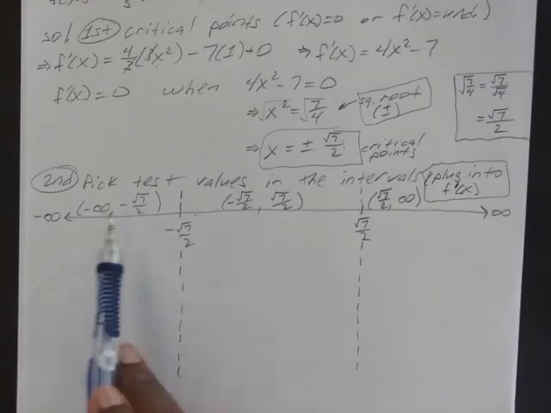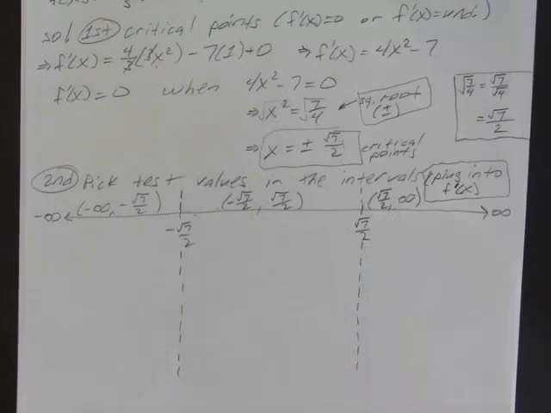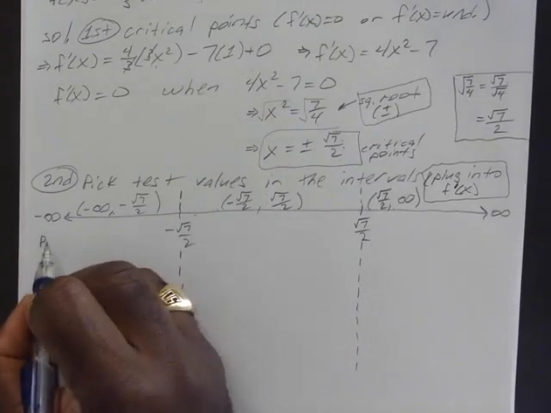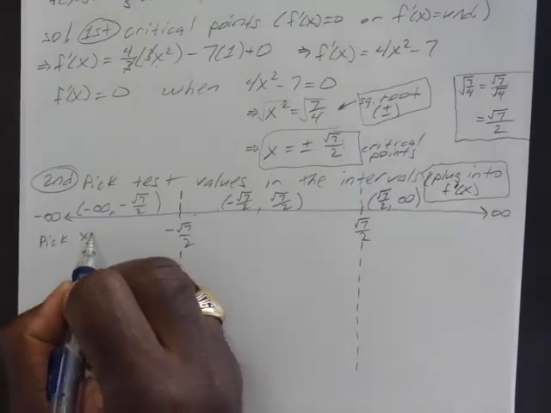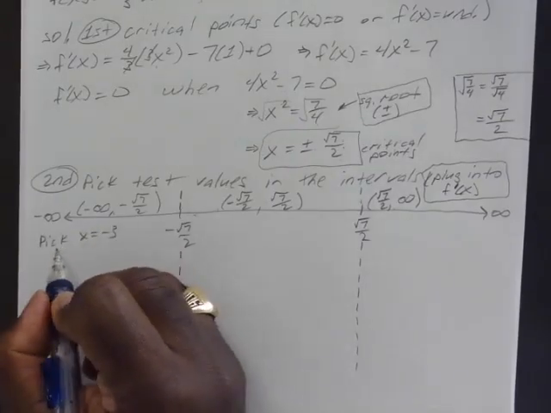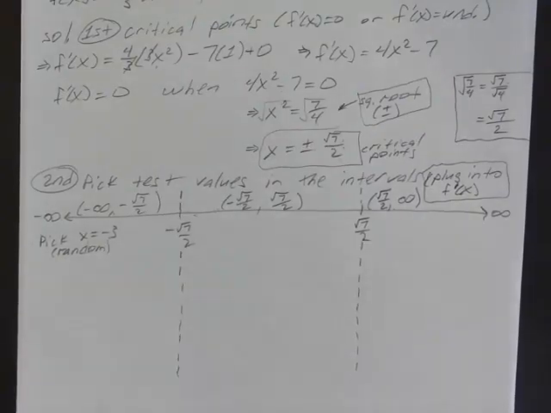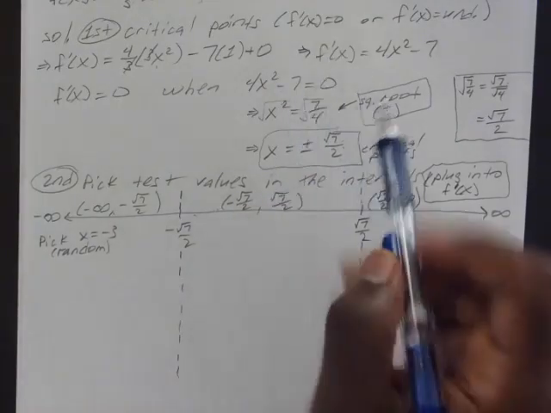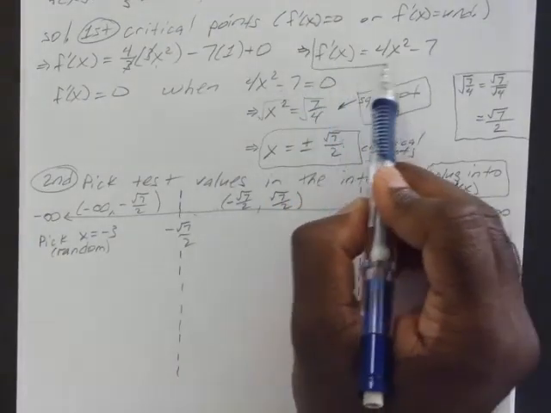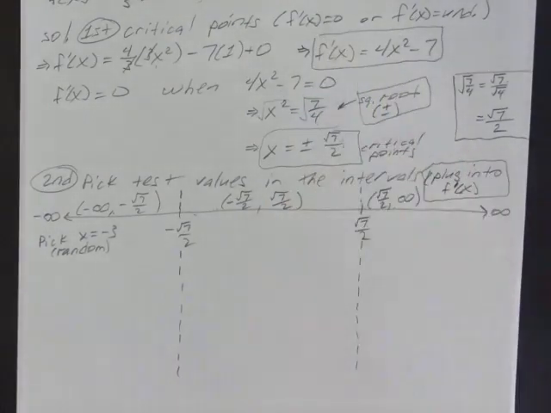Okay, so we just have to pick a value in each one of those intervals. And it can be whatever value you like. So for this one, let's say we pick x equals negative 3. And again, it's completely random. You can pick whatever number you want to. And we're going to plug it into our derivative right here.